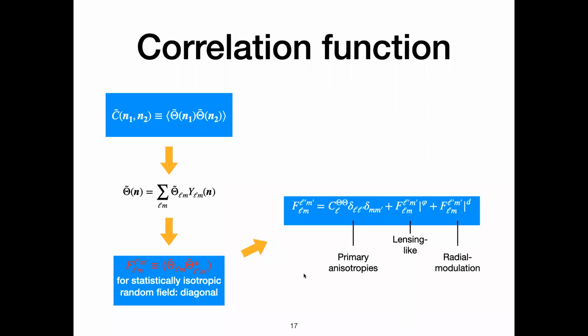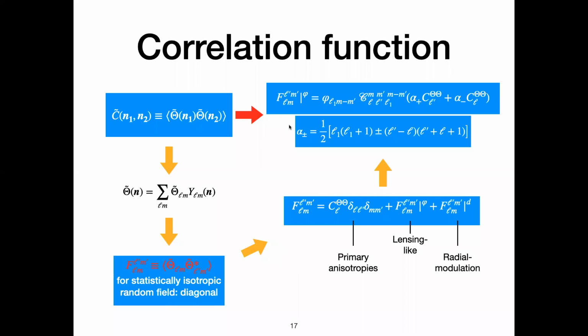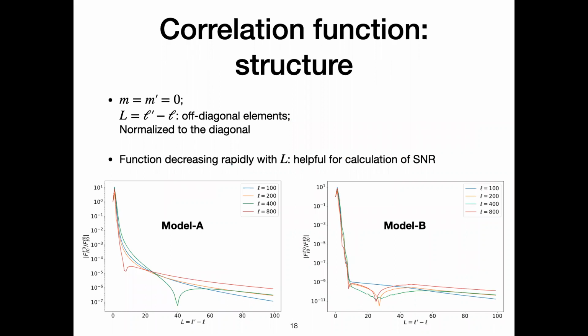The equations become more non-trivial after this, but the main thing to know is we have a definite analytical equation of the 2-point correlation function for our model. So we go ahead and calculate it. This function matrix has a complex structure, so we'll only look at the modes m and m prime equal to 0.